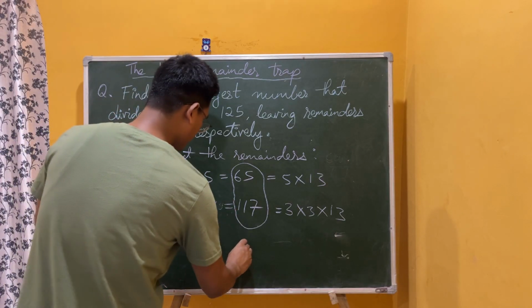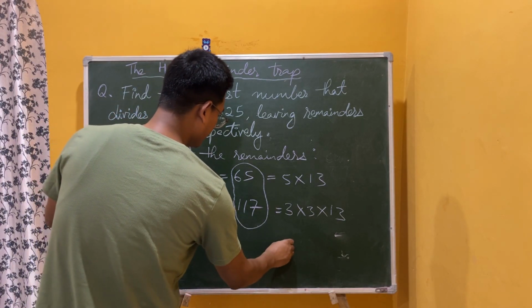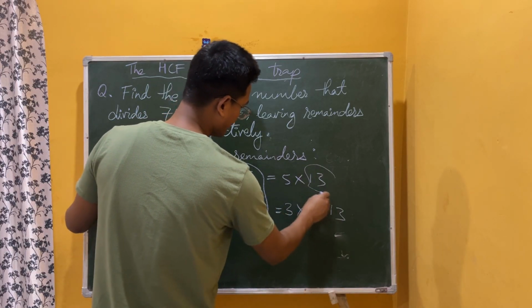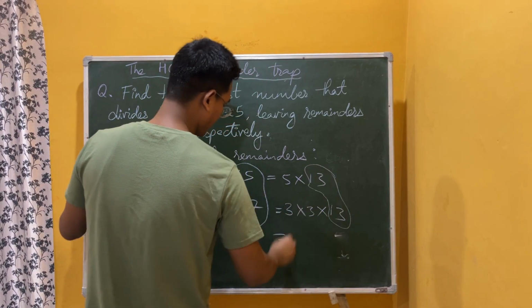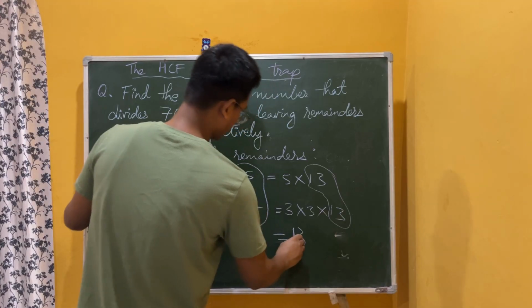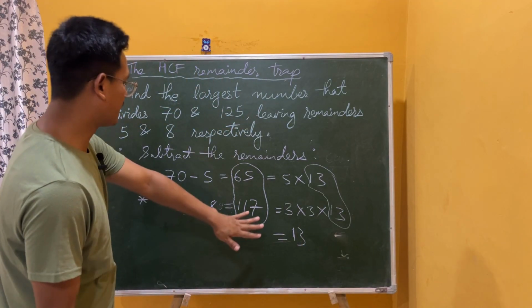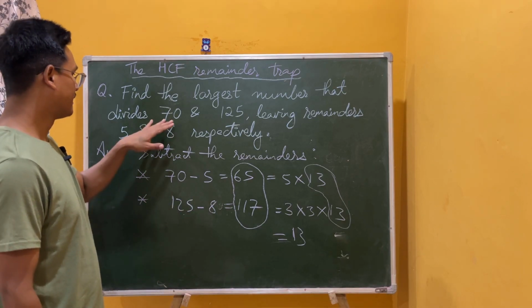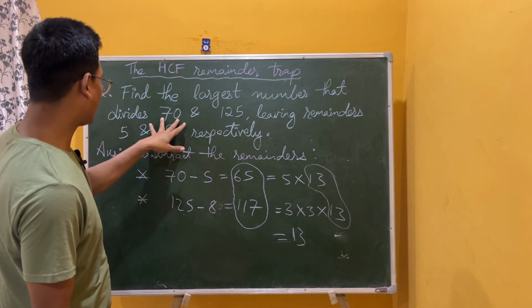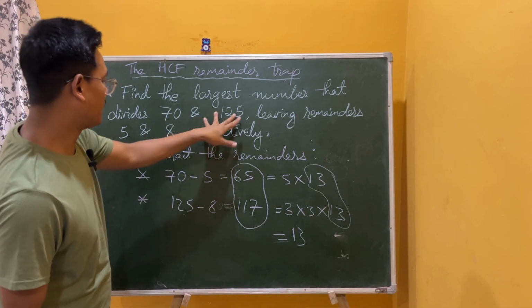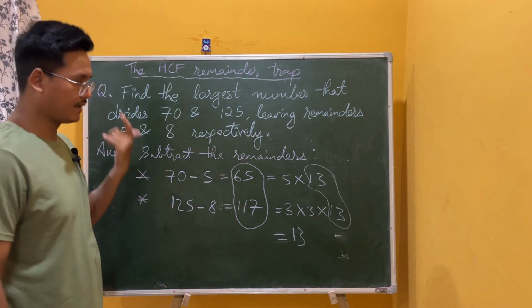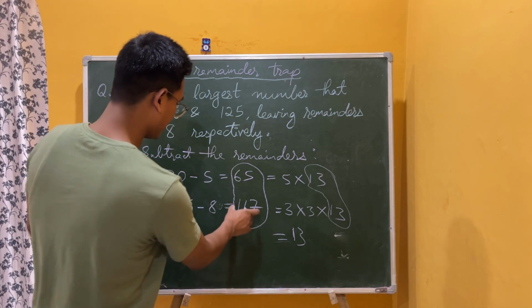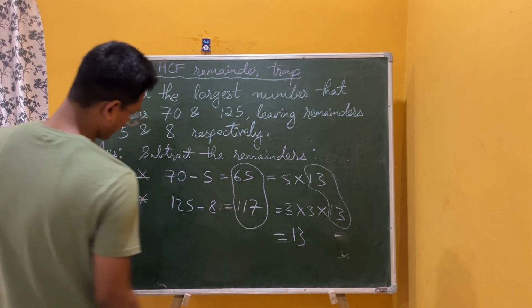So HCF is the highest common factor, which is the common factor here is 13 only. So this is 13. So 13 is the biggest number or the largest number that divides 70 and leaves remainder 5, and 125 and gives remainder 8.